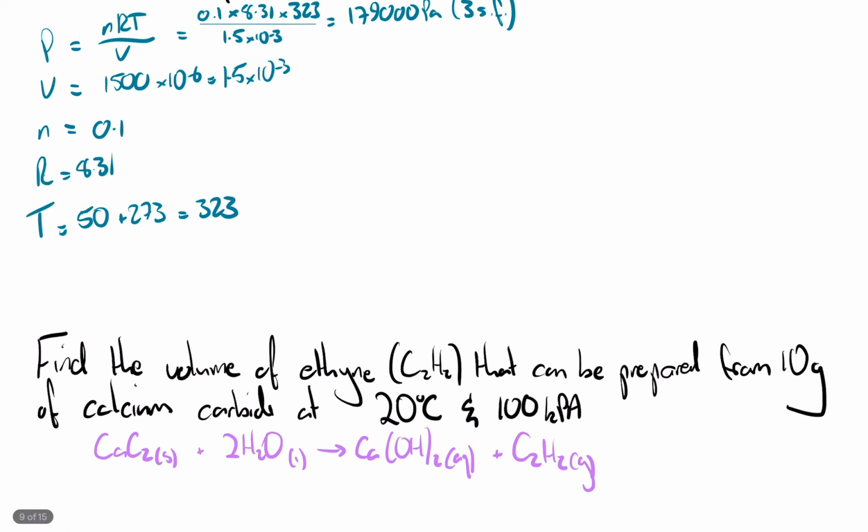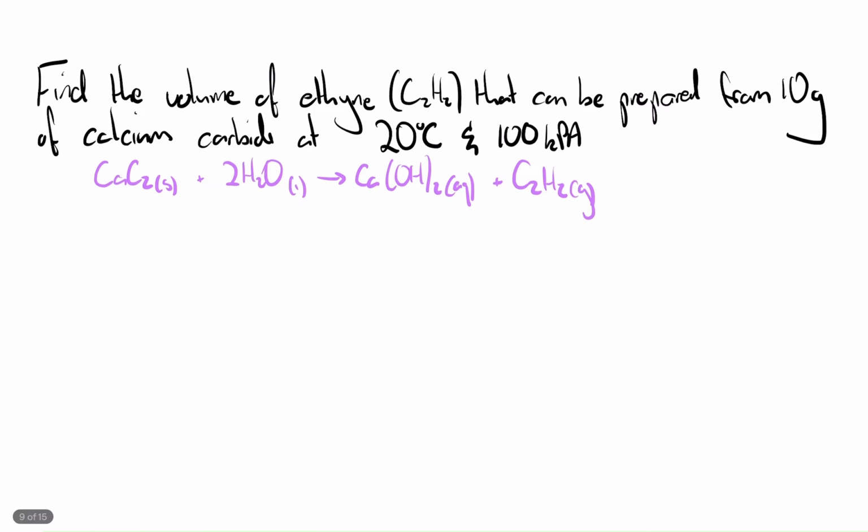Perfect. Next question. Here, find the volume of ethyne C2H2 that can be prepared from 10 grams of calcium carbide at 20 degrees centigrade and 100 kilopascals. I can tell straight away I've not been given moles, but I've been given mass of C2H2. So I'm going to use mass, Mr, mole to get started.